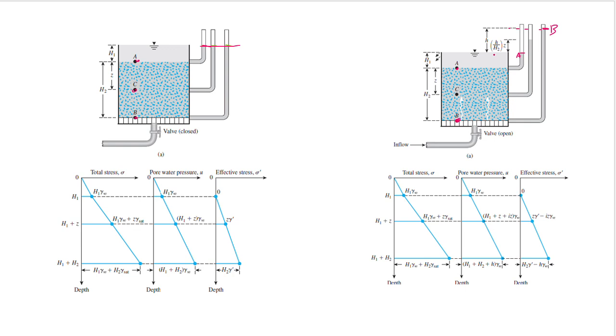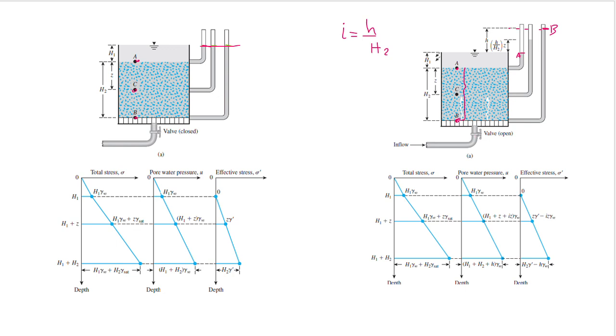Based on that, we can define the concept of the gradient: the difference in pore pressure head between the top and bottom of the soil, h, divided by the distance between these 2 points, H2.